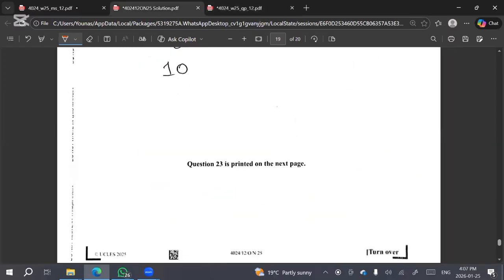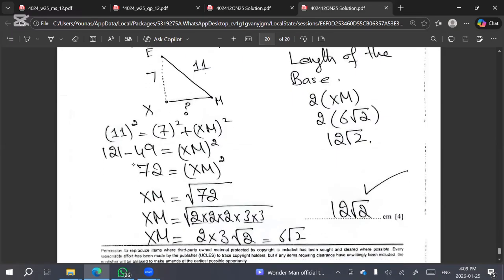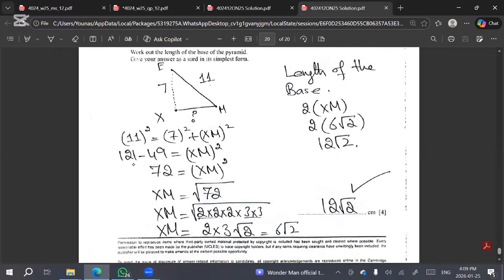So let me show you. In question number 23, I will take this triangle EXM. EX, which is the vertical height of the pyramid, is 7. EM is 11.